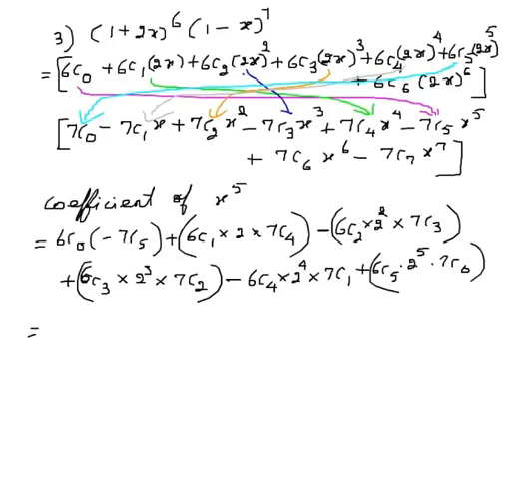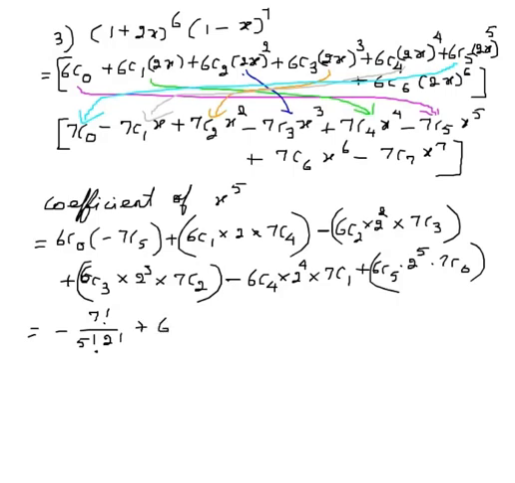Let us simplify these binomial coefficients. First term is negative. 6c0 is 1. 7c5 is 7 factorial divided by 5 factorial times 7 minus 5, 2 factorial.